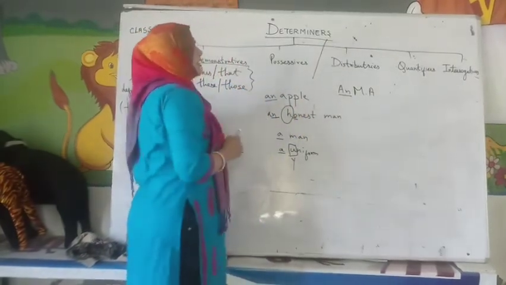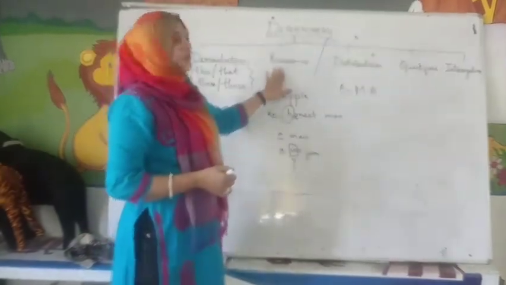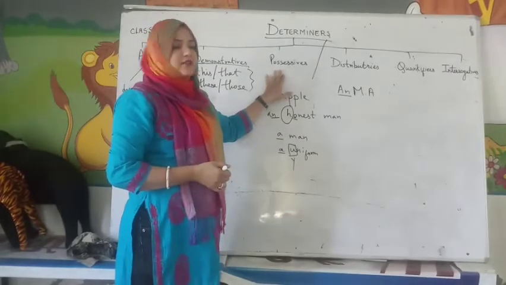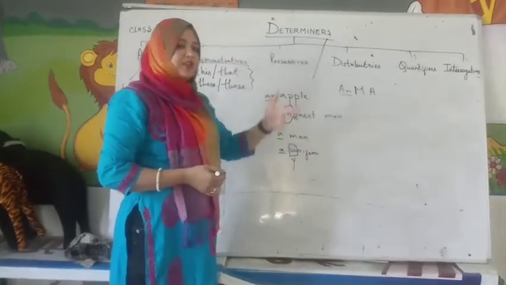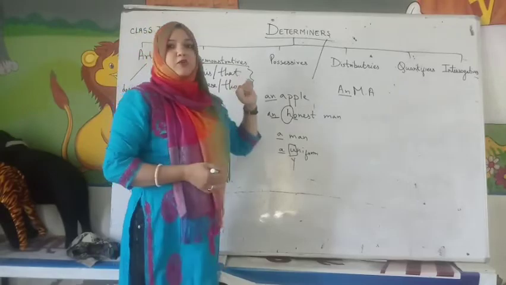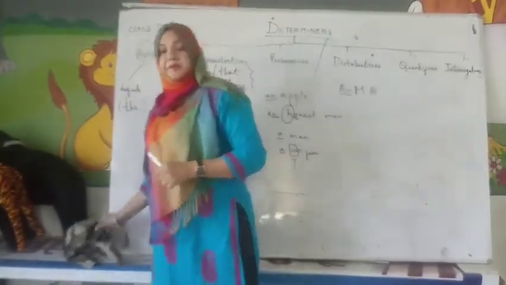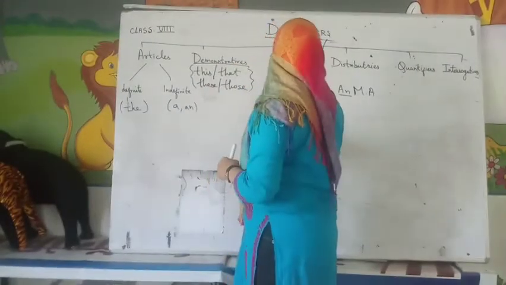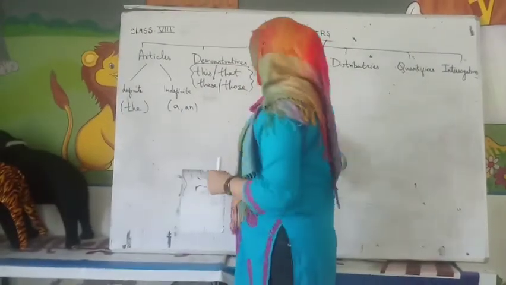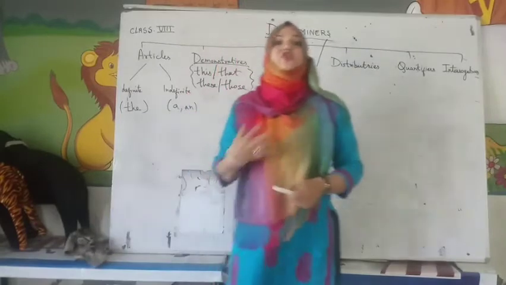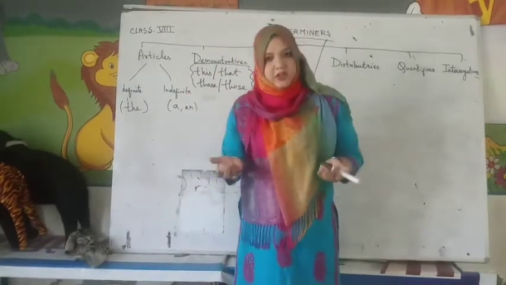In today's class, I just explained 3 determiners to you, and the rest 3 we'll be doing in the next class. Last is possessives. Possessives, what did I tell you in pronouns? What is the word possessive? It means belonging, ownership. Mera hai. Right?